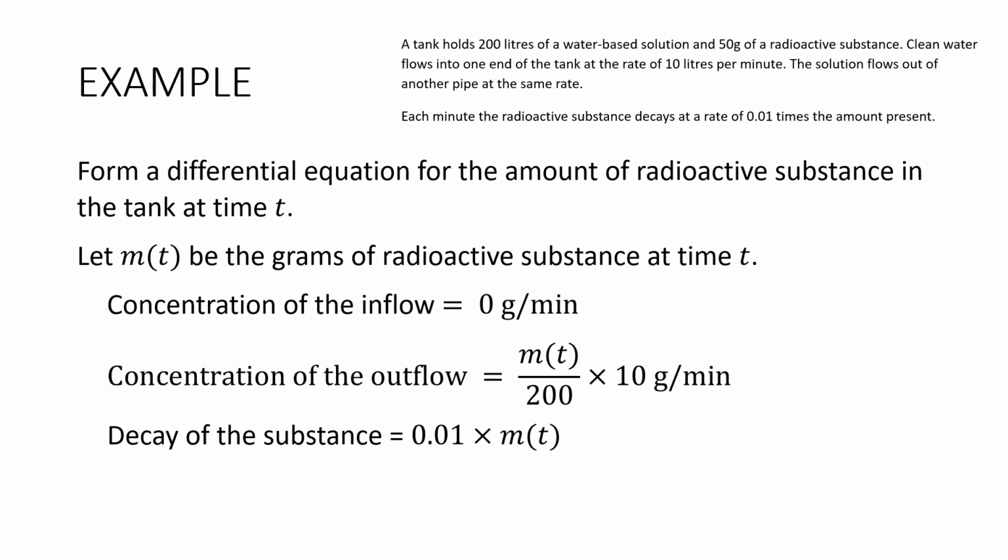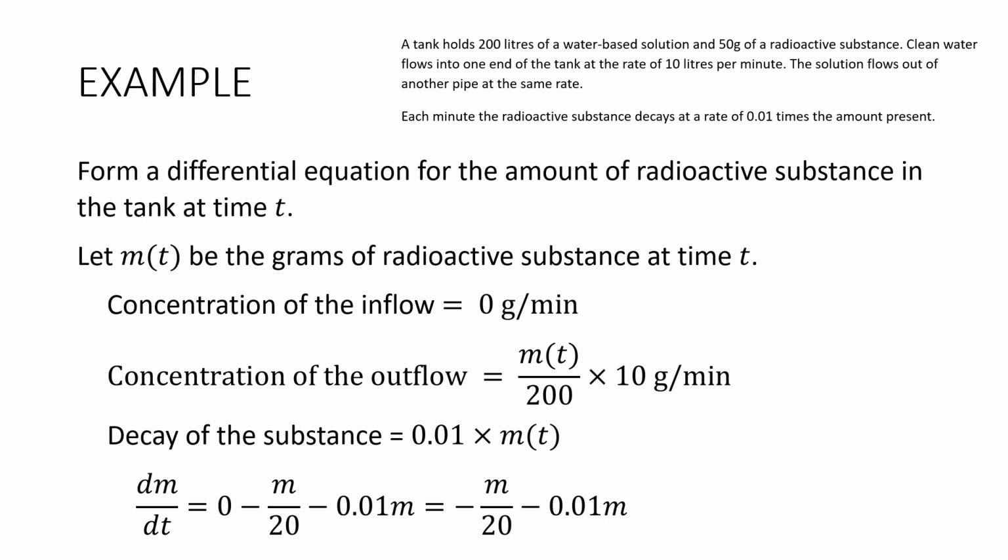So here is our differential equation. The rate of change of the grams of radioactive substance with respect to time is equal to 0, take away this much, take away this much. And there is our differential equation.